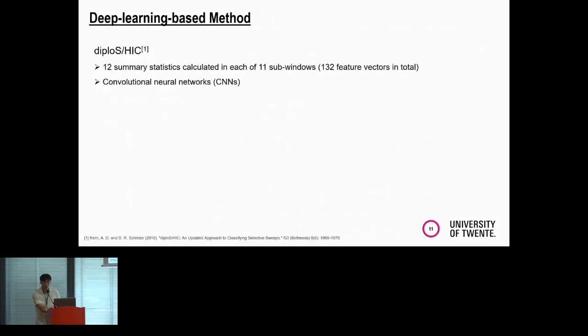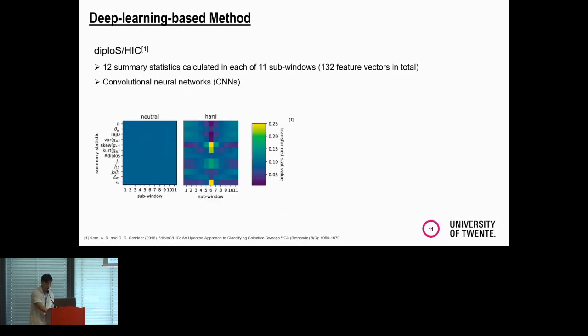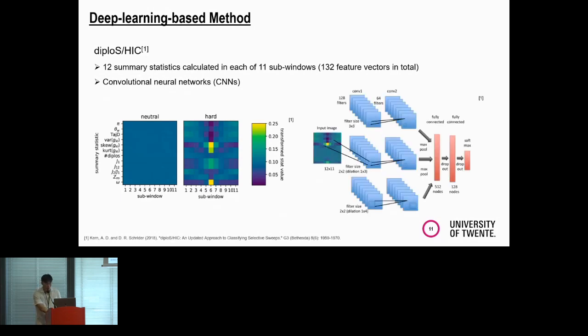Another method, DeepLogic, combines deep learning, the convolutional neural network, and summary statistics. It calculates 12 summary statistics in 11 sub-windows, and then normalizes these summary statistics and converts them into colorful images. These colorful images will be the input for the convolutional neural network to do the classification.